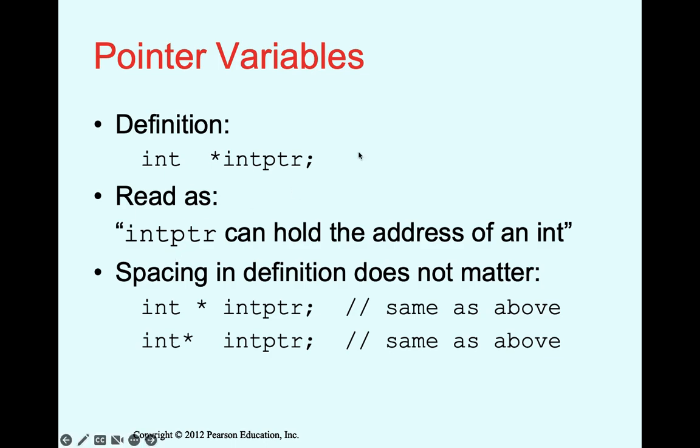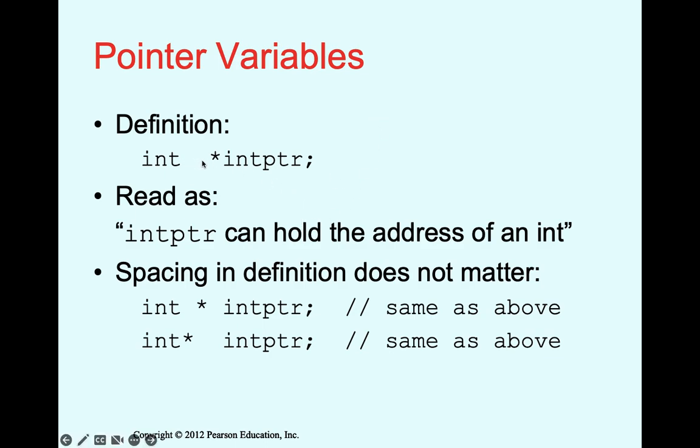So int *ptr means integer pointer, okay? int *ptr can hold the address of an integer. Because its type is integer, in this variable you don't store an integer value, you store the address of an integer value, something like this.